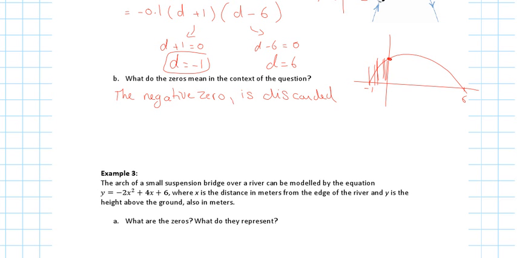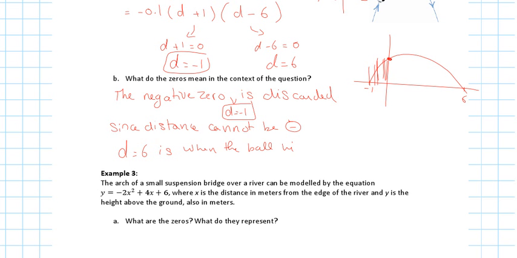Since distance cannot be negative, and d equals 6 is where the ball hit the ground or lands on the ground.